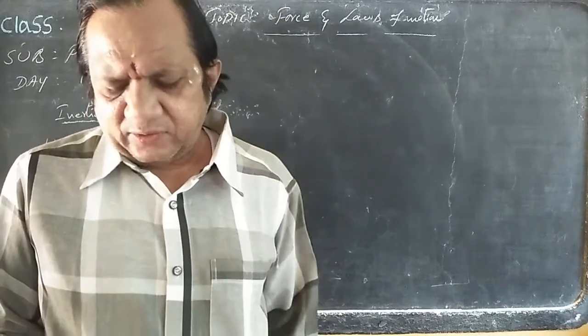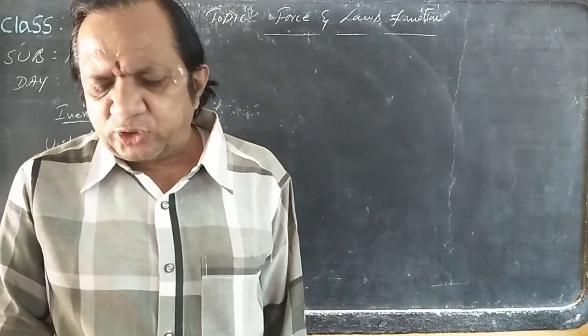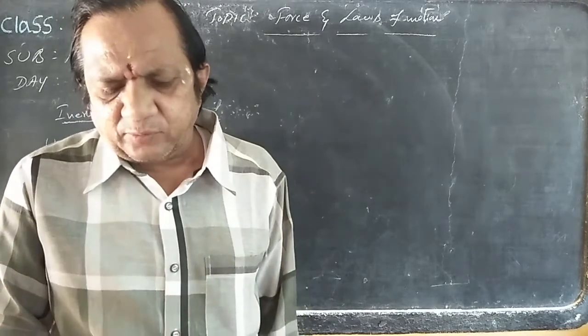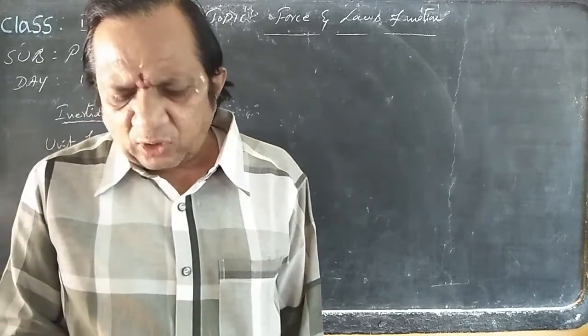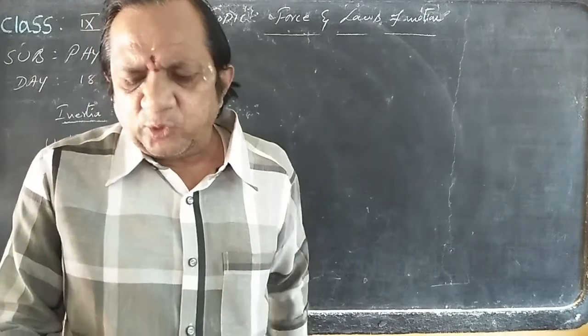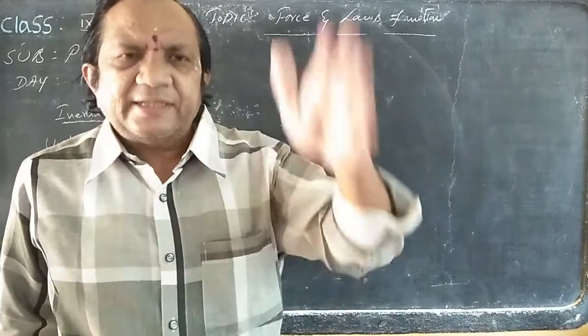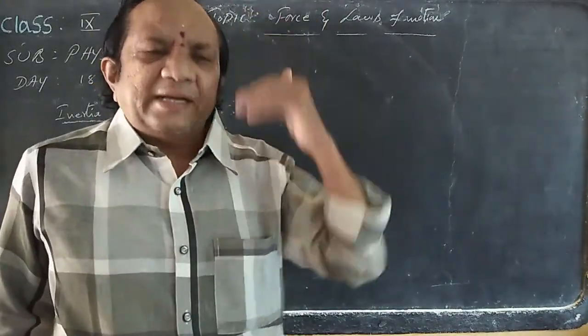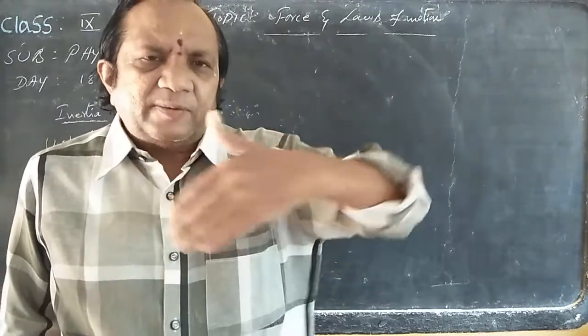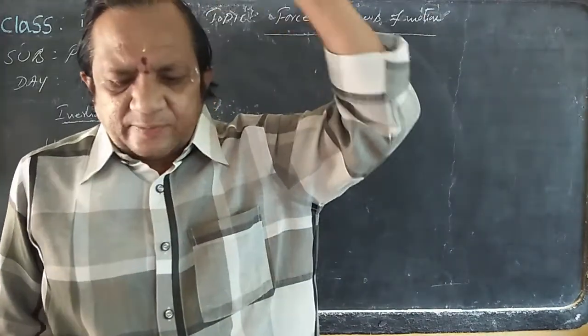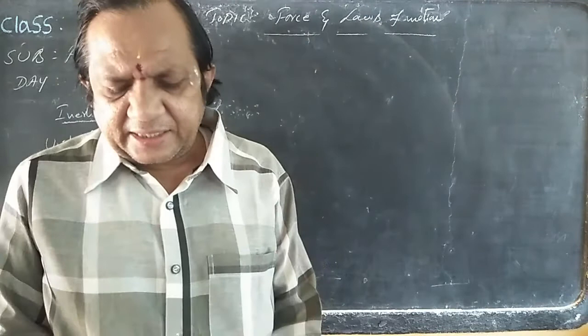Inertia of motion. What is this? The tendency of a body to continue its state of uniform motion is called inertia of motion. That means there is no change in its velocity; it continuously travels. Such a motion is said to be inertia of motion.